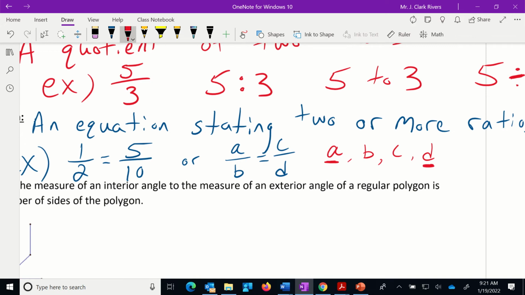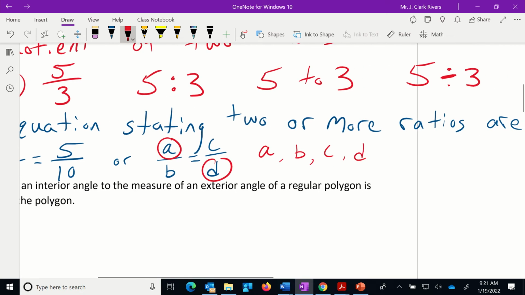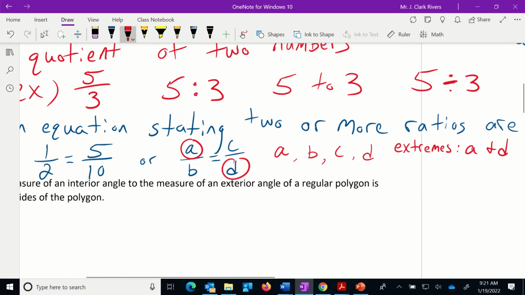They're on the outsides, right? A and D are located on the outsides. And in our proportion, they're located in the top left and the bottom right. So the top left and the bottom right would be what we call the extremes. So the extremes are A and D.